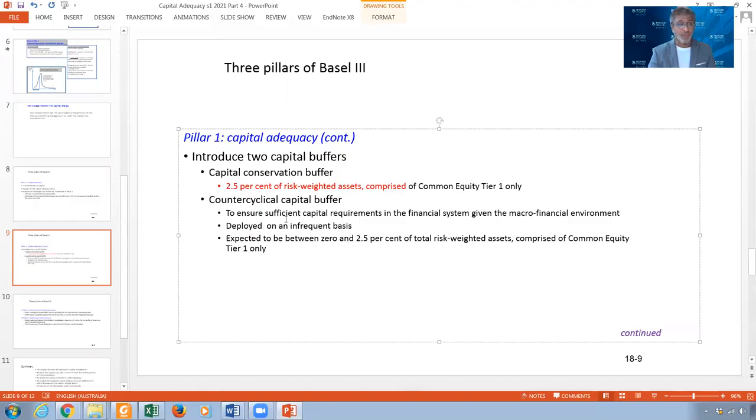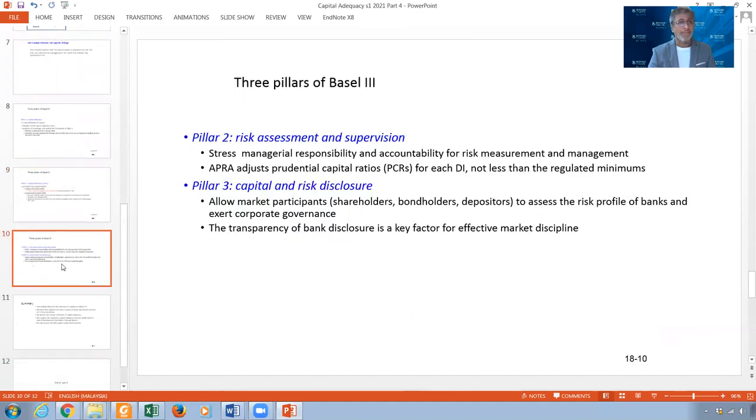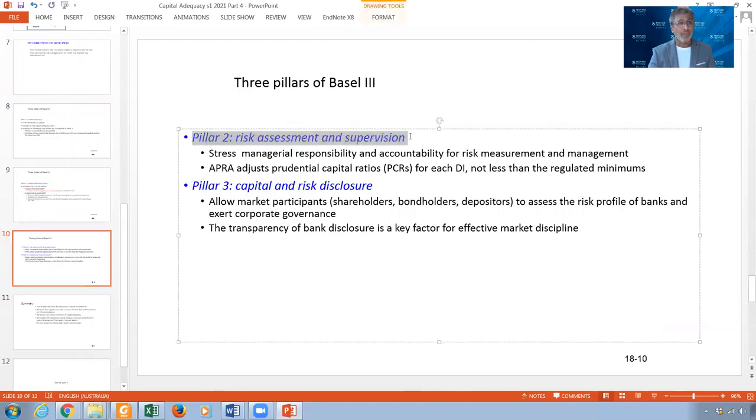and we said regulators have the right to impose it when there is much volatility or instability in the financial market or the financial system. Now, maybe we didn't talk a lot about Pillar 2, and this is all you need to know about it. Pillar 2 stresses the managerial responsibility and accountability of risk measurement and management.